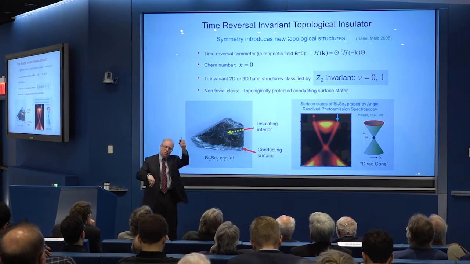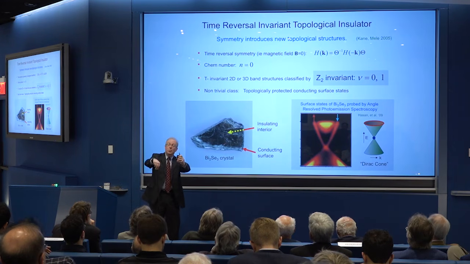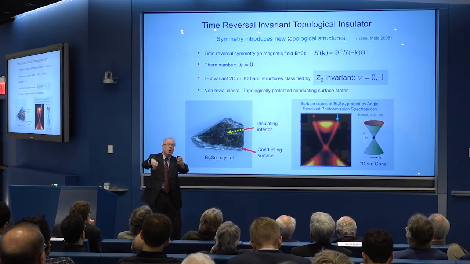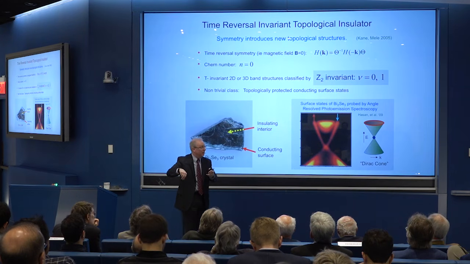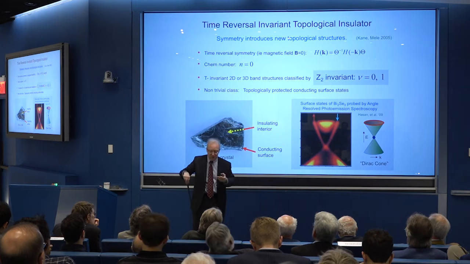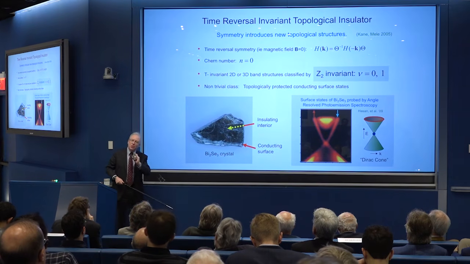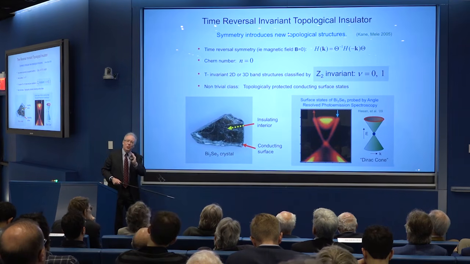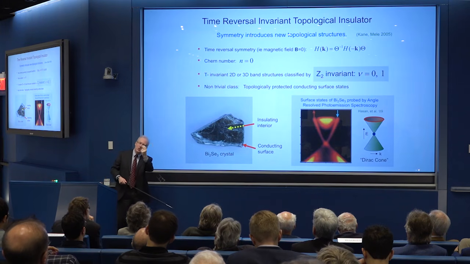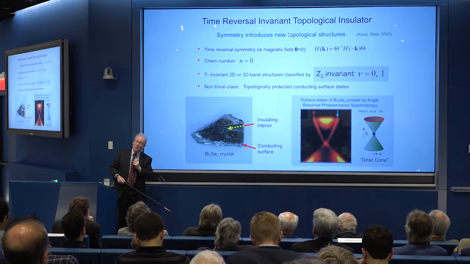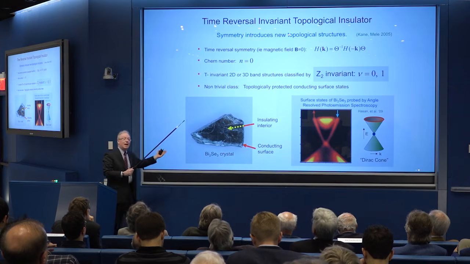You have, say, this two-dimensional electron gas or some piece of material, and you don't put it in a magnet, which is maybe what you should naturally think of. And so that has a particular symmetry, which is symmetry under the reversal of time. A magnetic field is created by electrical currents, and so it violates time reversal symmetry. And so you can ask, what if you had time reversal symmetry?